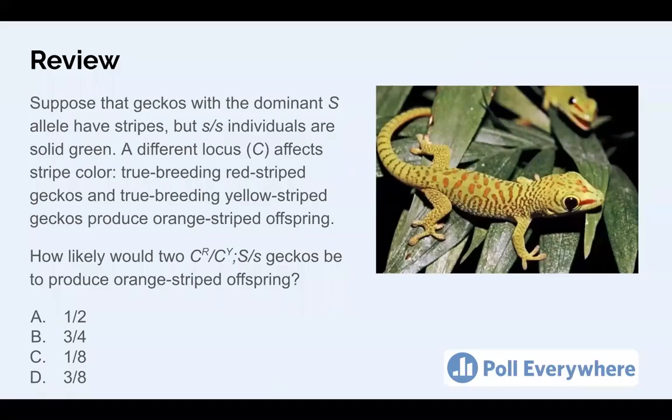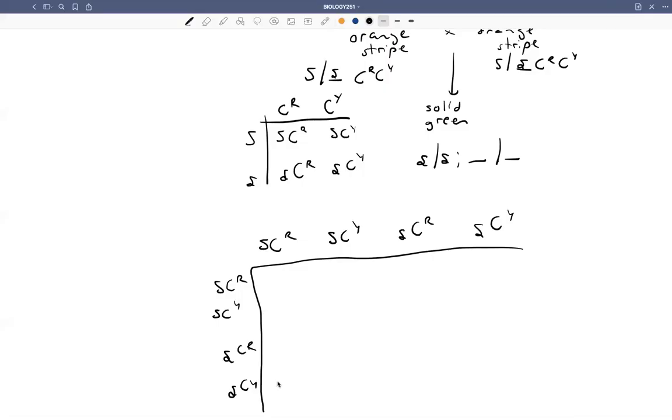So the question is how likely they are to produce orange striped offspring. So I can kind of eyeball this here and say we've got a few cases where CR and CY would mix together.